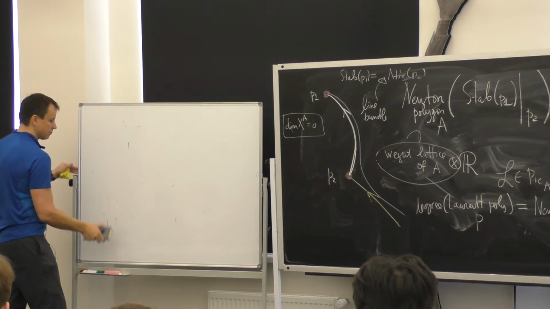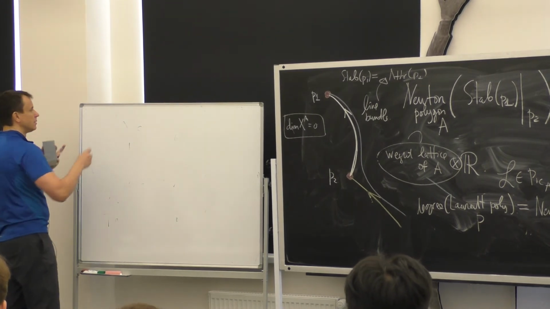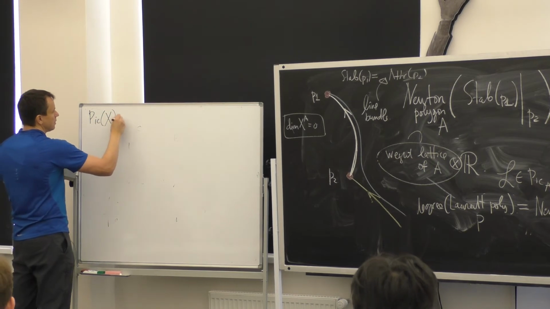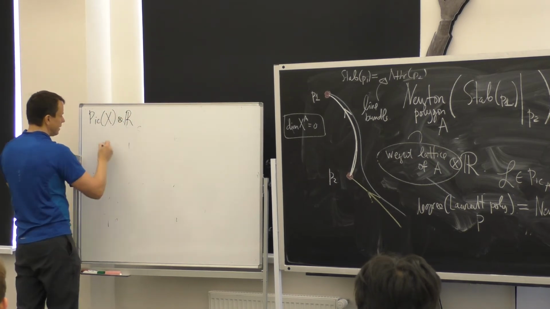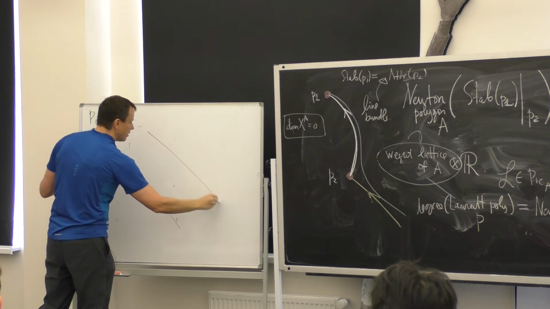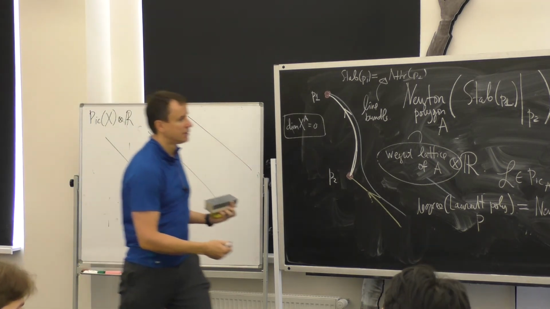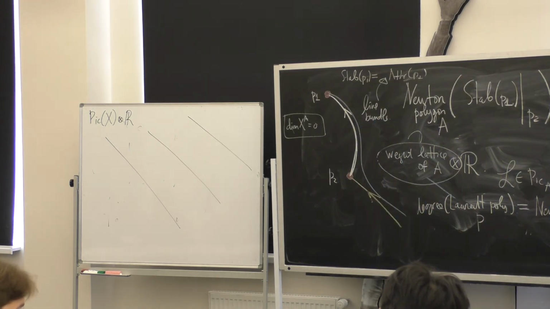So L lives in Pic(X) tensor R. And there are some hyperplanes which are periodic, since there's an action of Pic itself here. Pic is the set of line bundles.